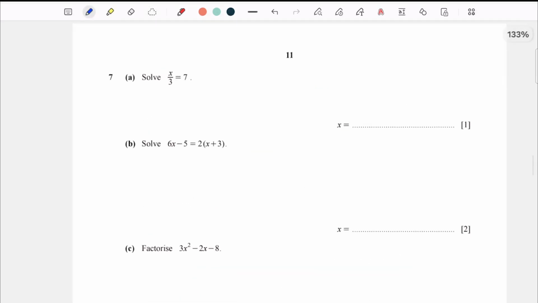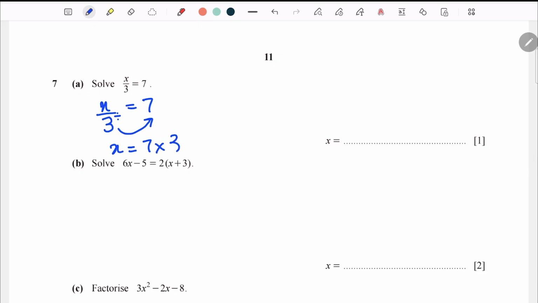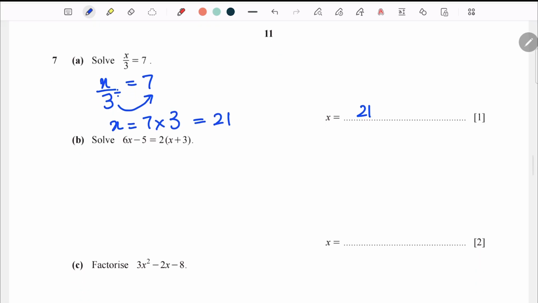Question 7a, solve x over 3 is equal to 7. Now this 3 is being divided, so when we shift it to the other side it will multiply. x is equal to 7 multiplied by 3, and this is equal to 21. Part B, solve 6x minus 5 is equal to 2 bracket x plus 3. We'll first open the bracket by multiplying: 2x plus 6.